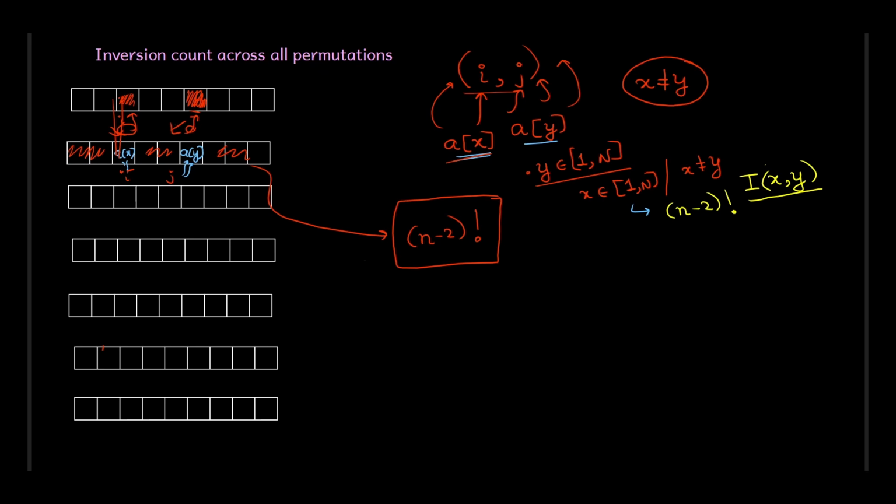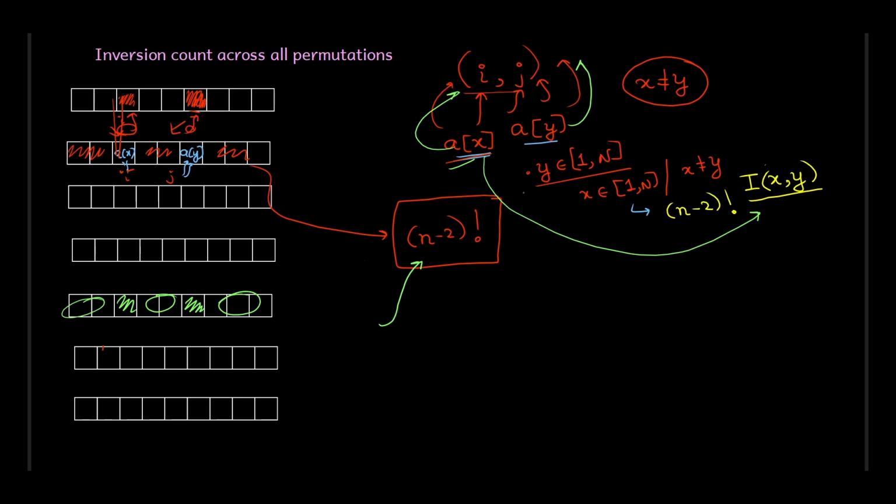values of the pair, you are fixing this i and j, and you are trying to permute the remaining elements. Now you can visualize that there will be exactly (n-2)! permutations in which a_x will appear at position i and a_y will appear at position j, and in each of them they will contribute an inversion depending upon what their indicator variable says.